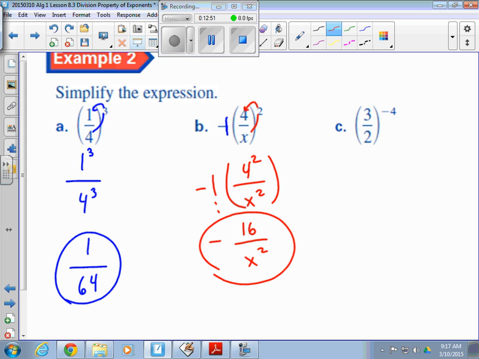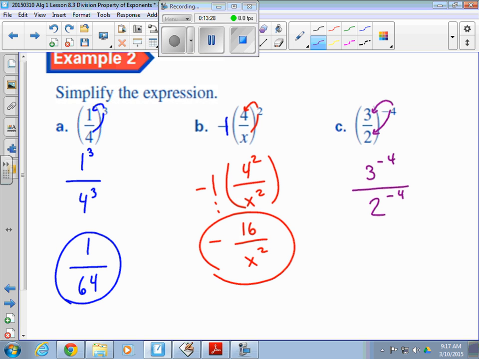Do this last one. Again, just like the others, this one's getting raised to the negative 4, so 3 to the negative 4th, and this one is getting raised to the negative 4, 2 to the negative 4.